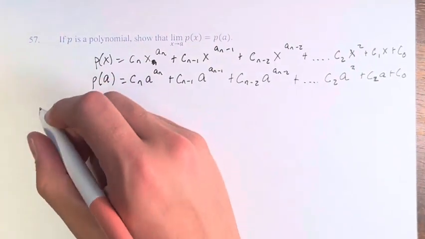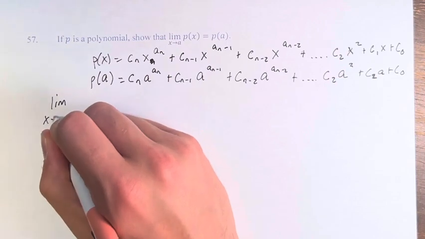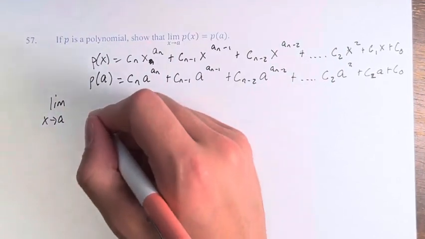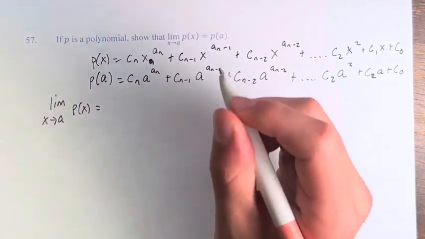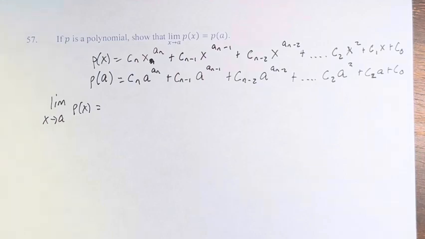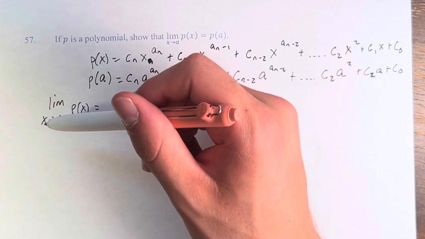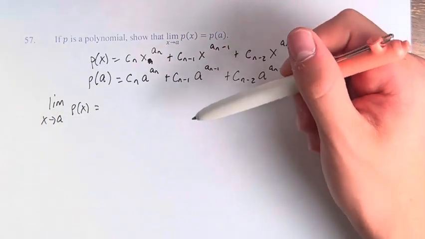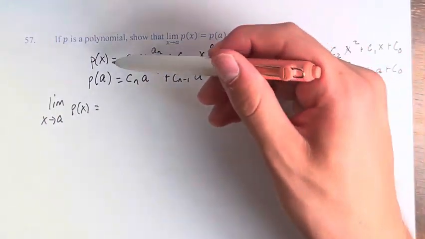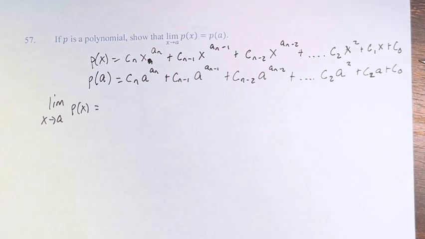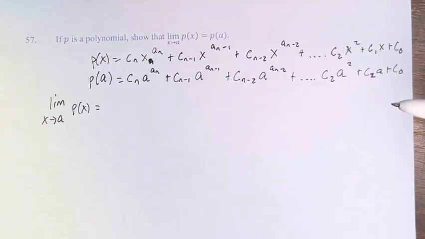And the limit as x approaches a of p of x, we can find simply by plugging in a to p, because we have here a function where there are no domain restrictions, there are no discontinuities.